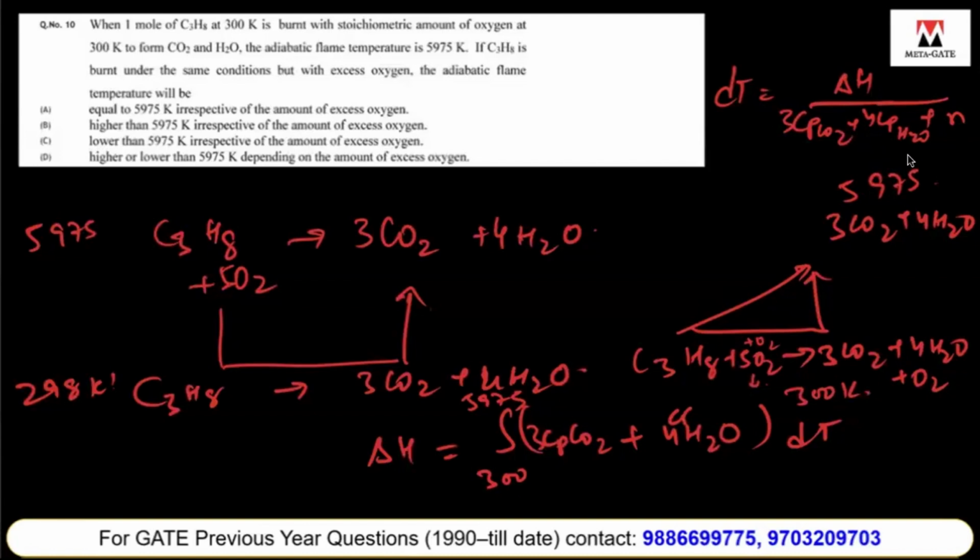So overall, when there is excess oxygen, the adiabatic flame temperature decreases, because theoretically the moles present on the product side also absorb heat. So depending on the amount, the adiabatic flame temperature will decrease. It will be lower than 5975, irrespective of the amount of excess oxygen, even 1 mole or 2 moles. That increase will not increase the adiabatic flame temperature, it will decrease it.